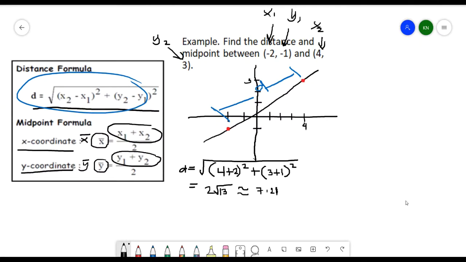Now we need to find the midpoints of our x and y. In getting the midpoint, we have x bar is equivalent to x sub 1, which is negative 2, plus x sub 2, which is 4, divided by 2. So negative 2 plus 4 divided by 2 is 1. Our midpoint of x is at 1, and the midpoint of y is y sub 1, which is negative 1, plus y sub 2, which is 3, divided by 2.